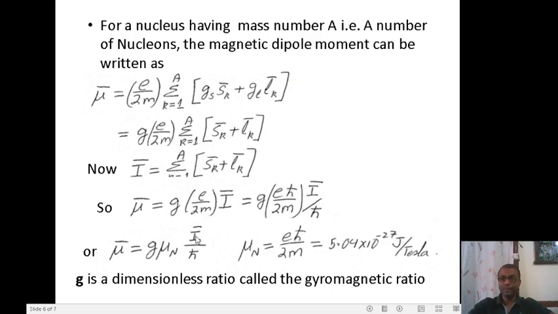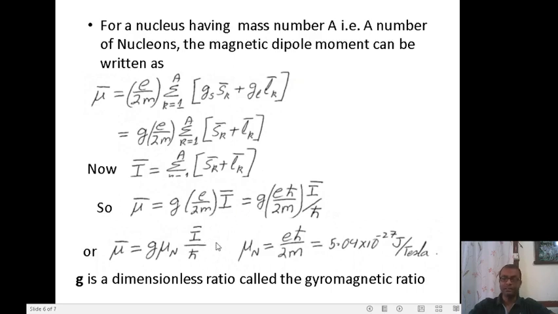So if we can measure the nuclear spin, we can immediately get a measurement for the nuclear magnetic moment for that particular nucleus. So this nuclear spin, as we discussed in the earlier lecture, can be measured experimentally.